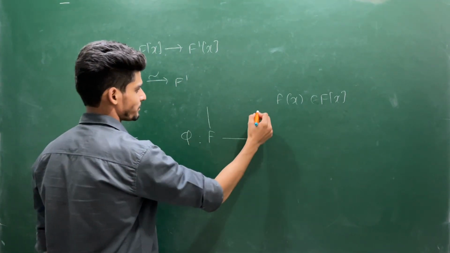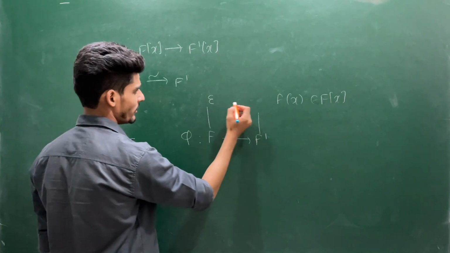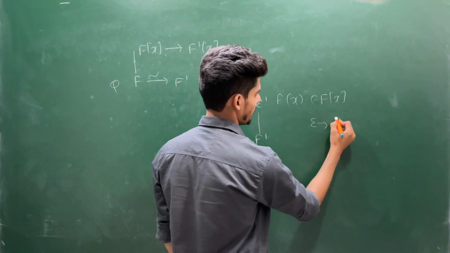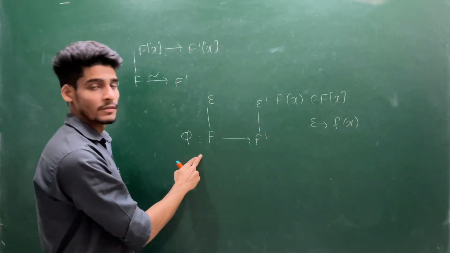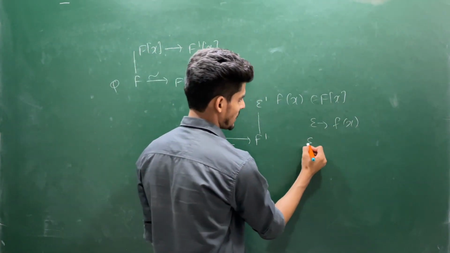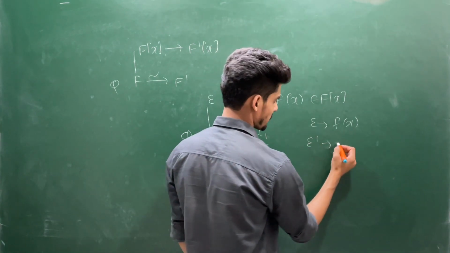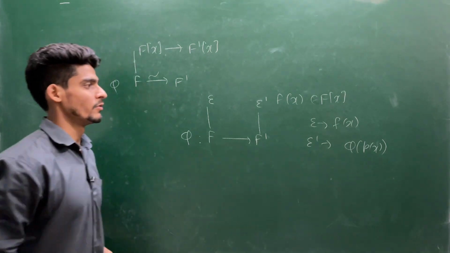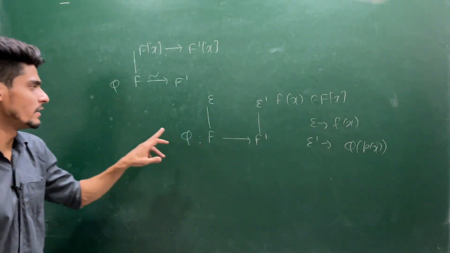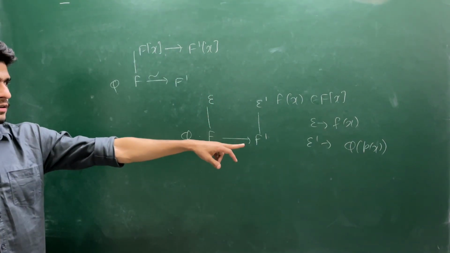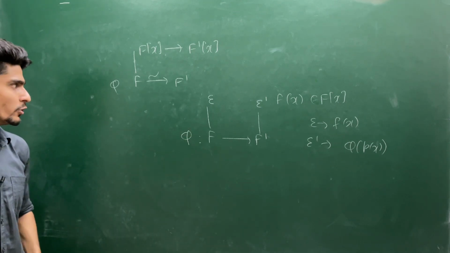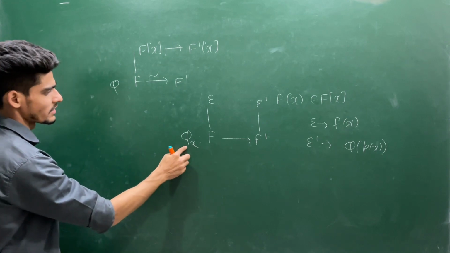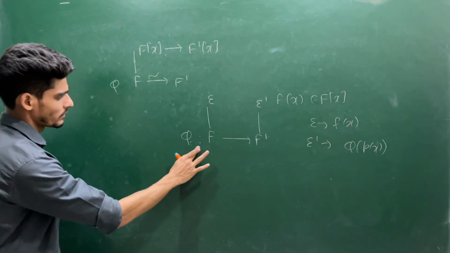Then you define the homomorphism between E and E prime, where E is a splitting field for f(x) over F, and E prime is a splitting field for this phi of f(x).